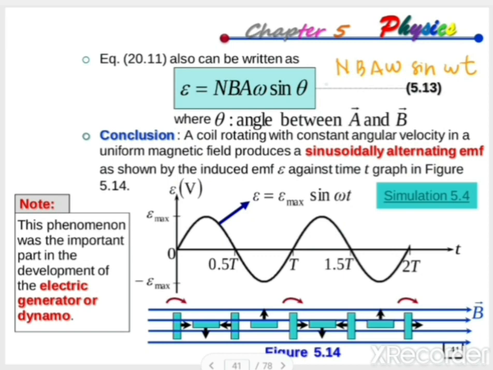From the previous equation 5.11, induced EMF equal to NBA omega sine omega t, and we know that theta, the angular displacement, is equal to omega t.